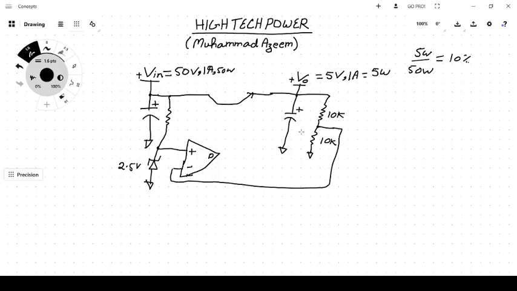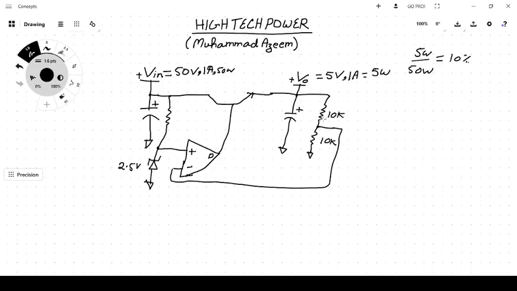Here is the output of the op-amp going to the base of the series power transistor.